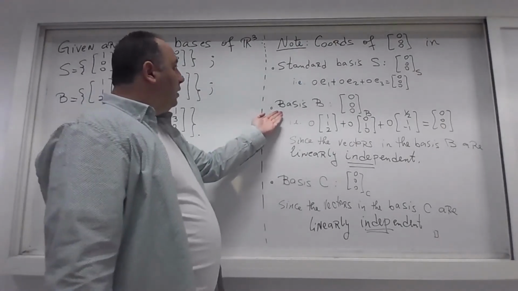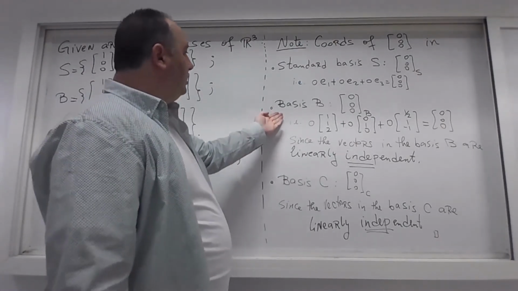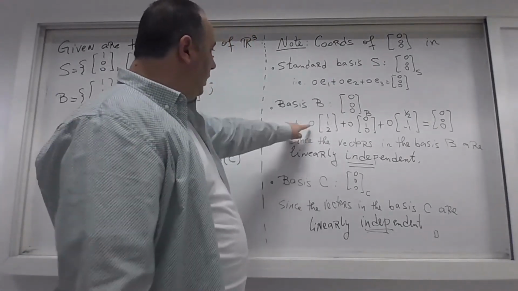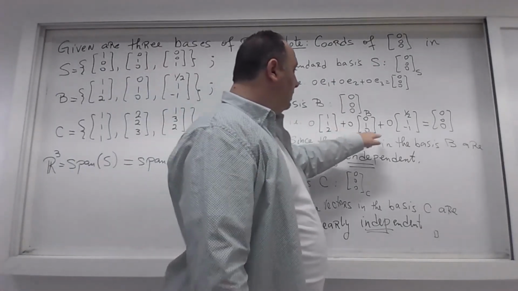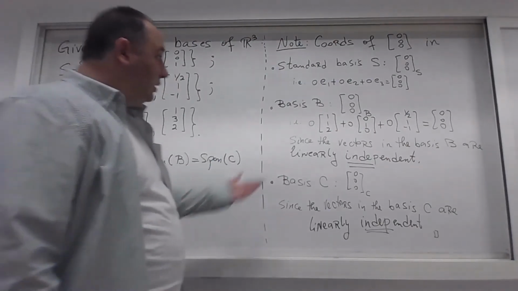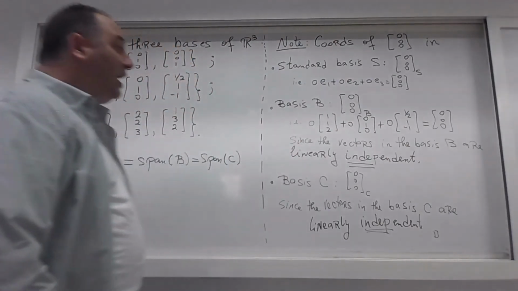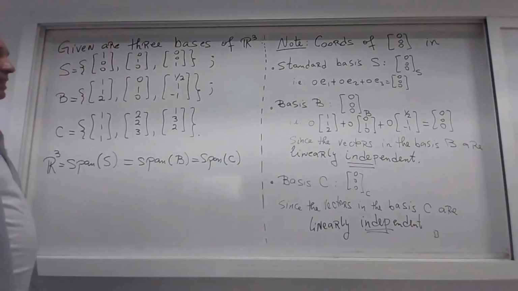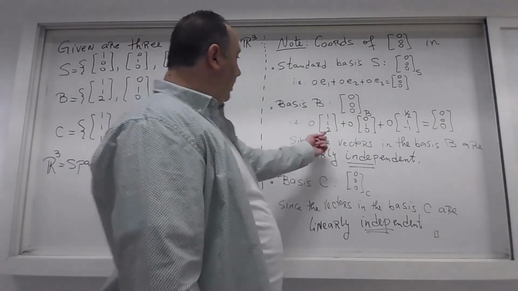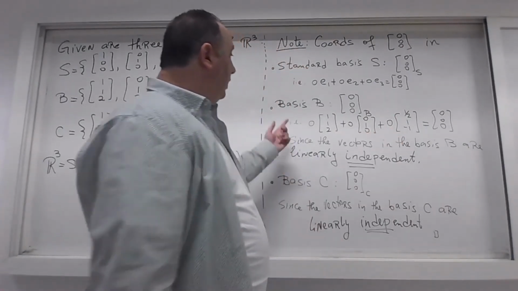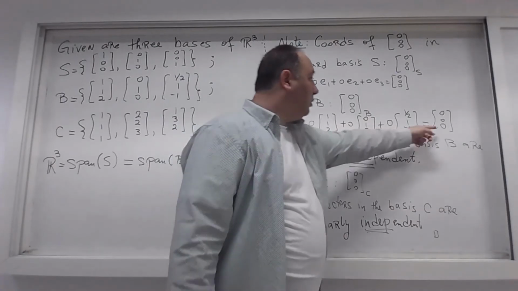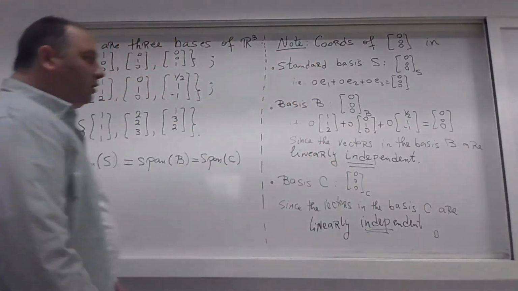For the coordinates of the vector 0 in basis B, obviously it's 0, 0, 0. Why? It's 0 times the first vector plus 0 times the second plus 0 times the third. And we know that this must be the case because the vectors in any basis are linearly independent. And if you remember the definition of linear independence, the vectors are linearly independent if and only if the only solution for A times this plus B times this plus C times this equal to vector 0 is 0, 0, 0.